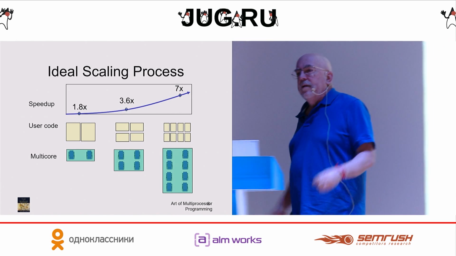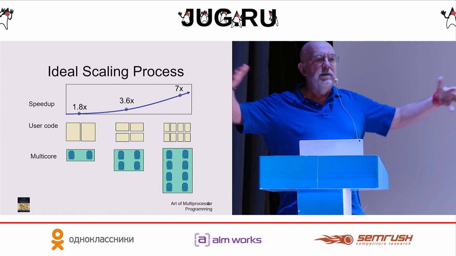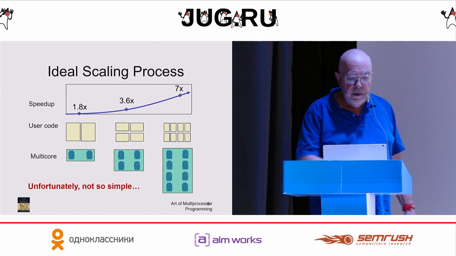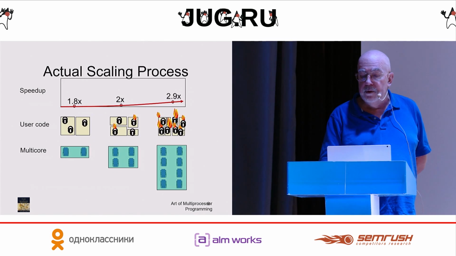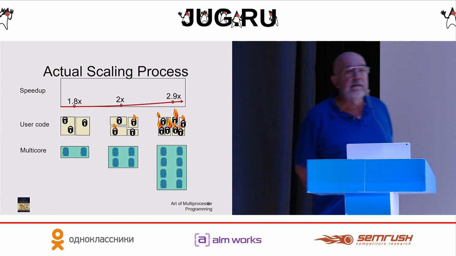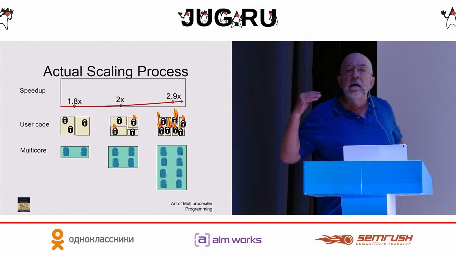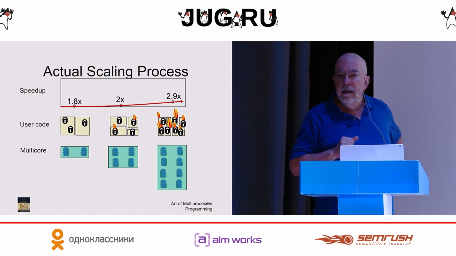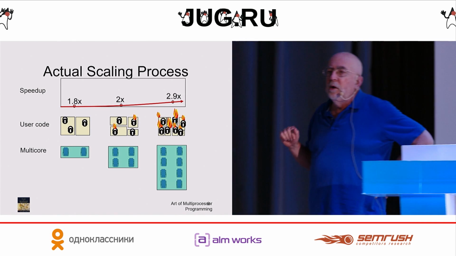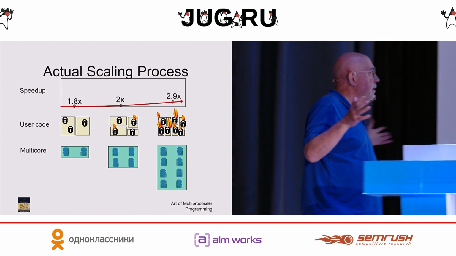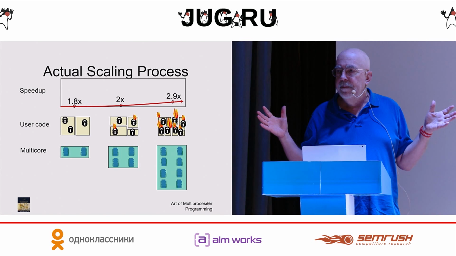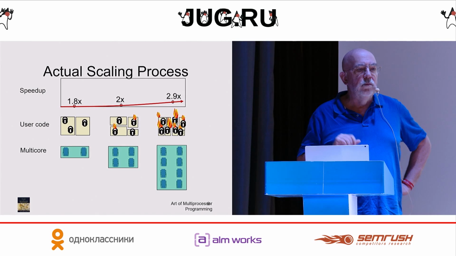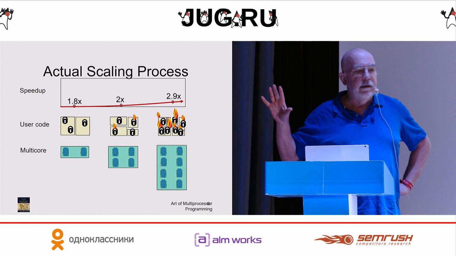You would like to say, well, if I go from 4 processors to 8 processors, then I can get twice as much work done. But, of course, it's not really that simple. What actually happens is that when you introduce more processors, you spend more time and energy on synchronization and coordination. And if you're not careful, you spend so much time on synchronization and coordination that you get basically no speedup. And this is the big danger that happens when you try to move to more and more concurrent processors.